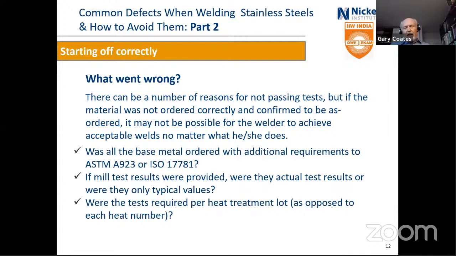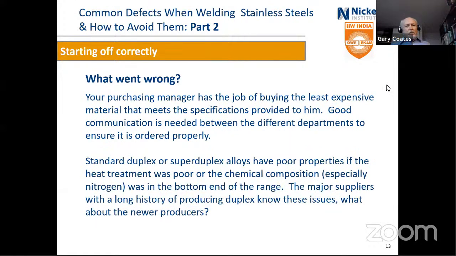The plates may be heat treated in 5 or 10 ton batches, so you want to ensure that the tests were done per heat treatment lot, because 9 of the 10 heat treatment lots may be done correctly, one was not, and therefore it would fail, and it's impossible then to weld it and achieve the proper requirements in testing. So who's at fault?